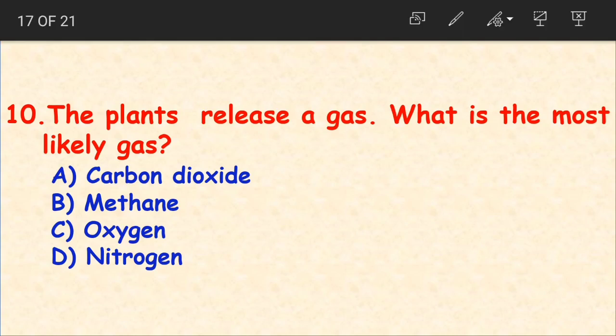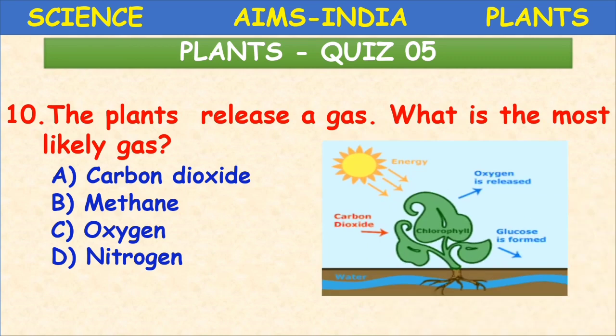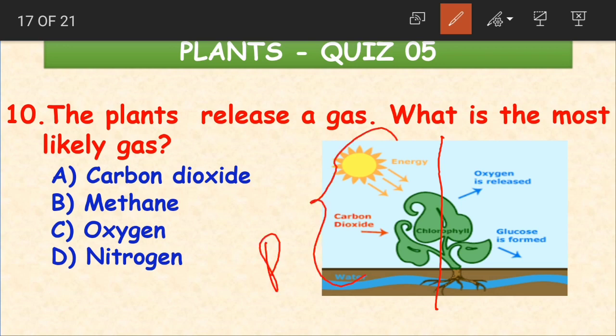Yes, it is option C, oxygen. See here, oxygen is released and glucose is formed. This side is the photosynthesis process, and this is the respiration process, to be very clear. Whatever you are seeing here, water, carbon dioxide and energy, this is all photosynthesis.